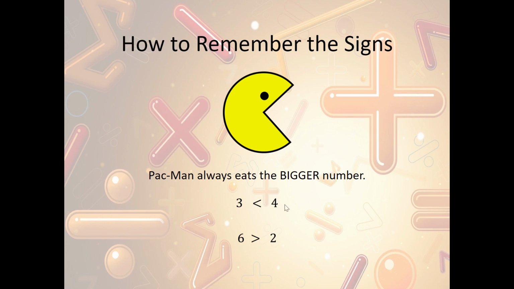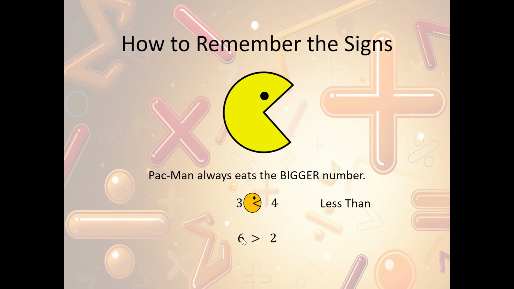For instance, we have 3 and then this symbol and 4. Well, Pac-Man eats the bigger number, so if I draw Pac-Man on there, I can see that his mouth is eating this side here, which means this is the bigger number. So this number is greater. Well, we always read it from left to right though. So that means if this number is greater, this number's got to be smaller. So we would say 3 is less than 4.